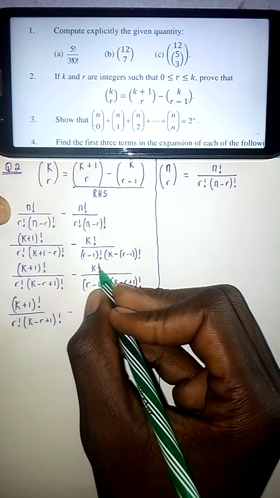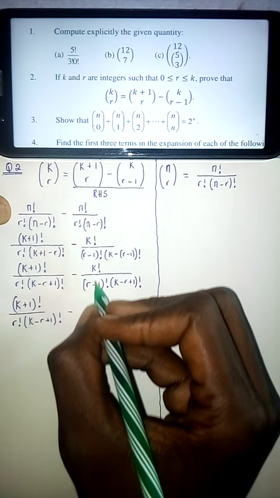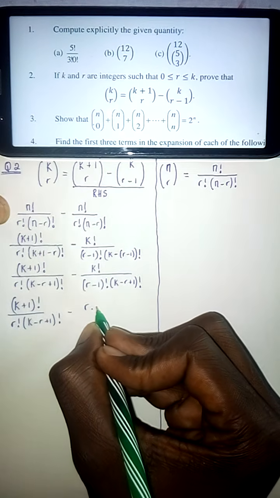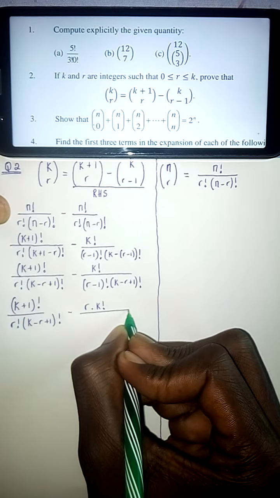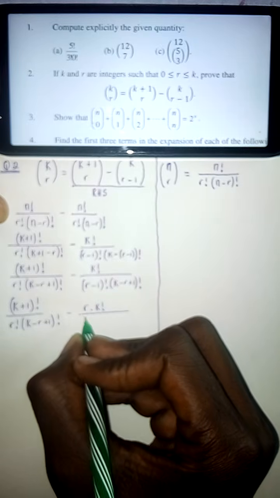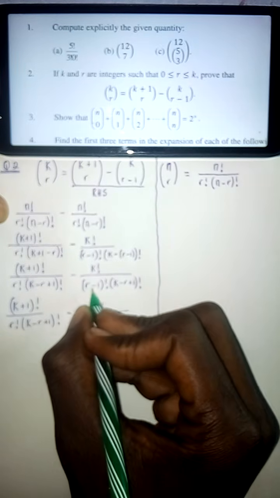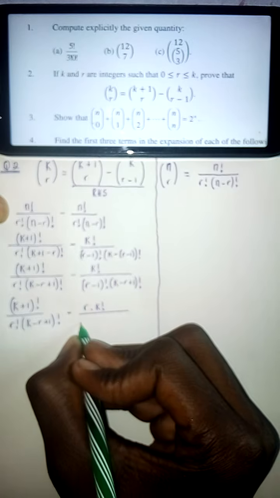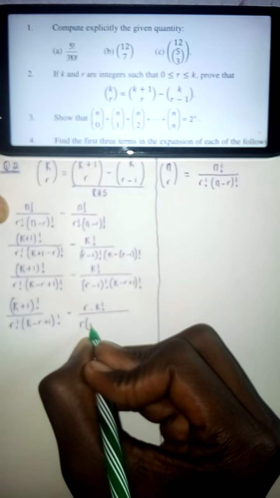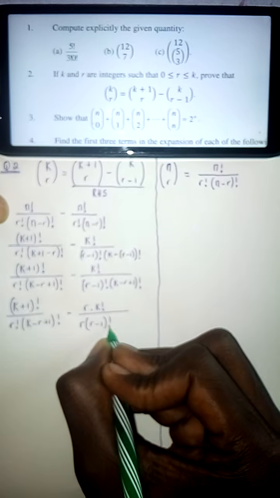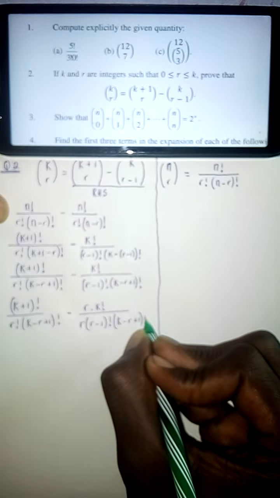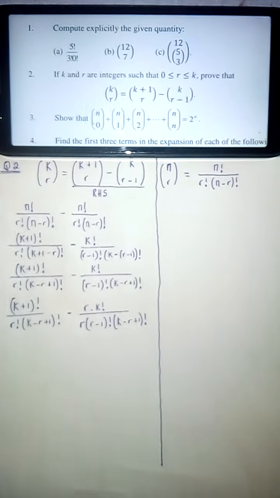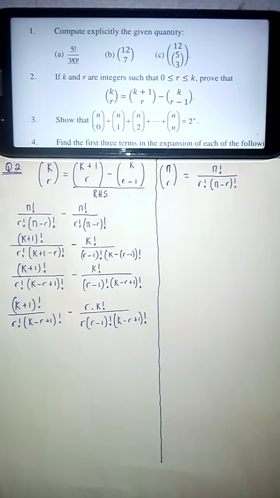But for this part, when you multiply the numerator and the denominator with r, on top we have this. Then down here, when you multiply everything that is here with r, we're going to have r. Yeah, we're going to have this, guys. Hope you are following.